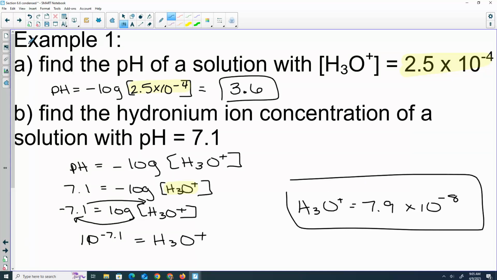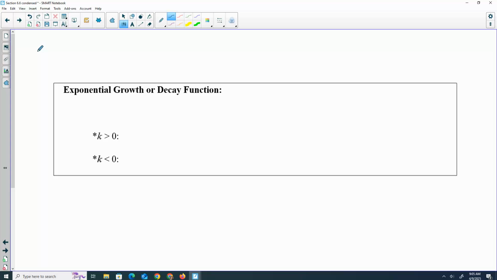Alright. The second situation that we might see it is with exponential growth and decay. So that is talking about how much of a substance is left at a given point in time. So you see this a lot in like carbon dating is one situation where it comes up, if they're just really interested in fossils, you might see it there.